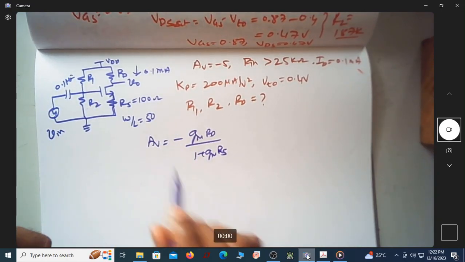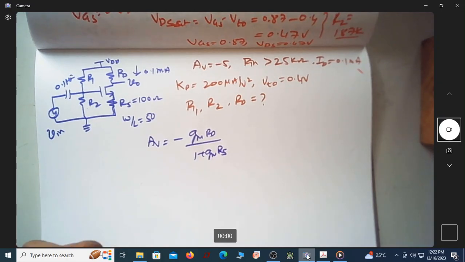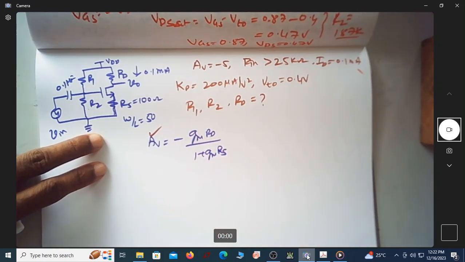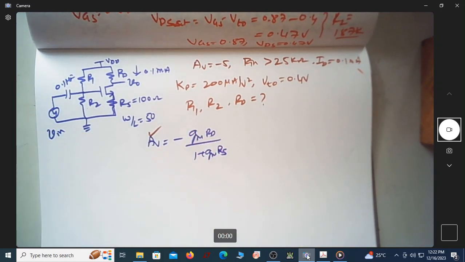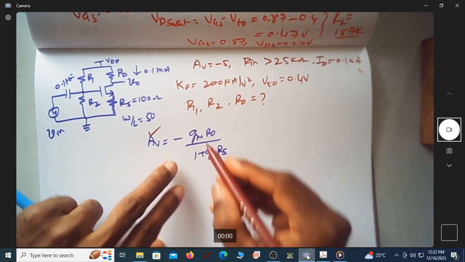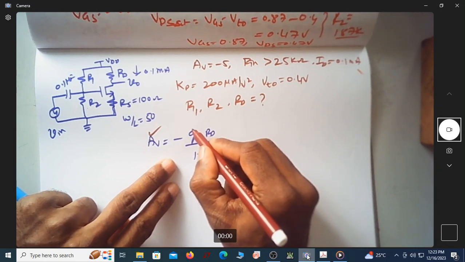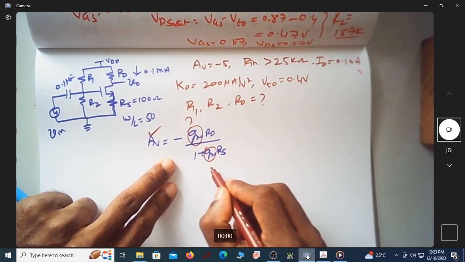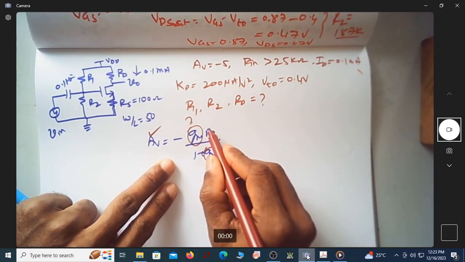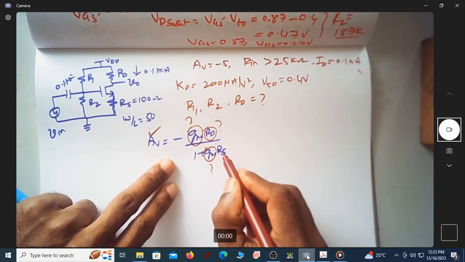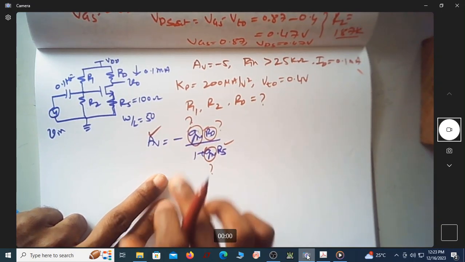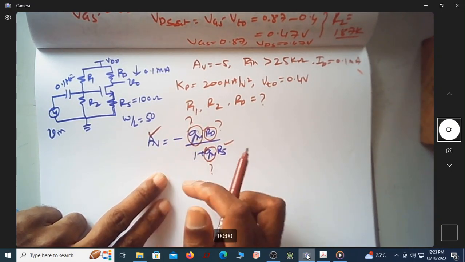Out of this, we know AV. GM needs to be found, RD also needs to be found. So we actually don't know two parameters, and only one equation, which cannot be solved now.